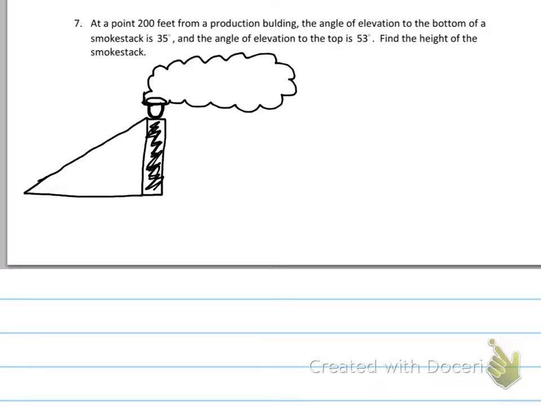So here's my line from a point on the ground, and we know it's 35 degrees. What we also know then is that from that point to the smokestack, it's 200 feet.